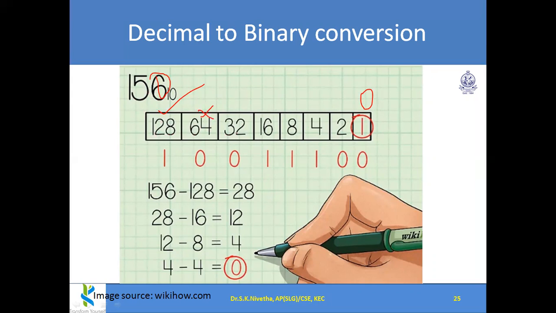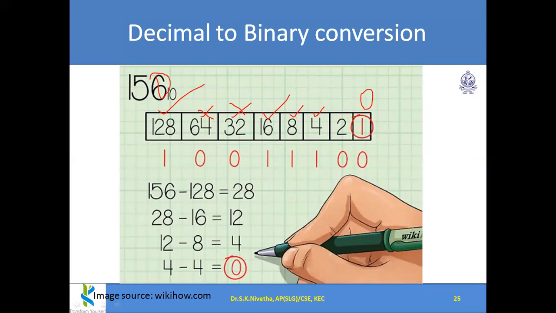And 128 plus 32 also crosses 156, so I am not using this. 128 plus 16, yes, I can use that. So if I use that, I will get the value nearer to 156. So how much is still insufficient? 8, can I use? Yes, I can use 8. Then 4, can I use? Yes, I can use 4. Okay, that's all. I got 156.